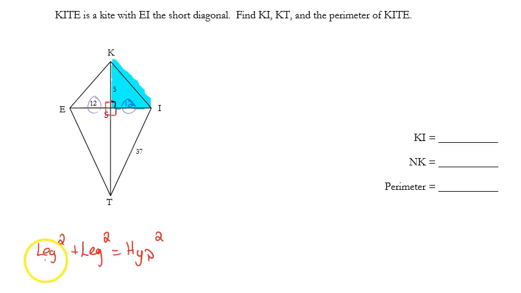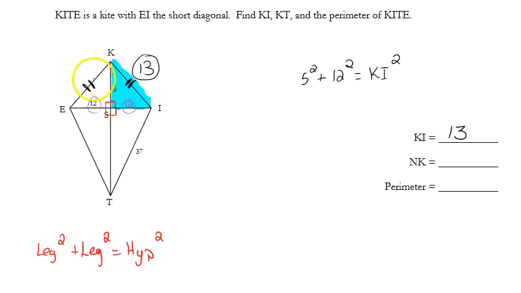Opposite is the hypotenuse, so legs squared, 5 squared, plus my other leg squared, is equal to my hypotenuse squared. So 25 plus 144 is 169, square root of that, we get 13. So we just used the Pythagorean theorem to find that this is 13. Well, if this is 13, this is also 13 in a kite. Those consecutive sides are congruent.